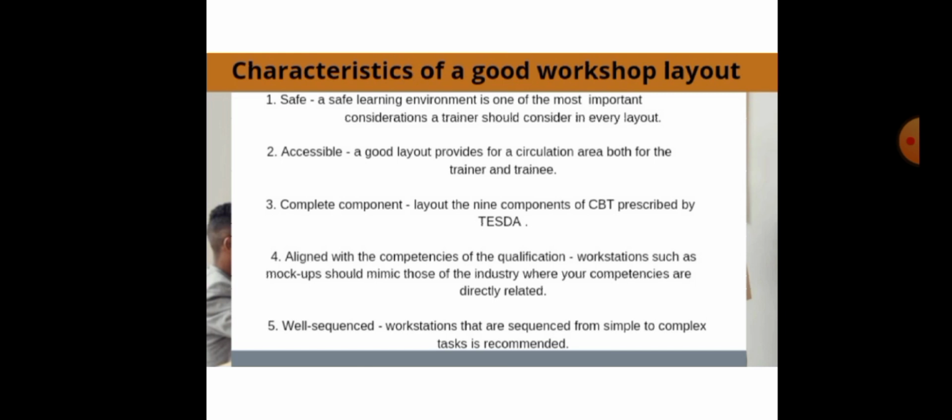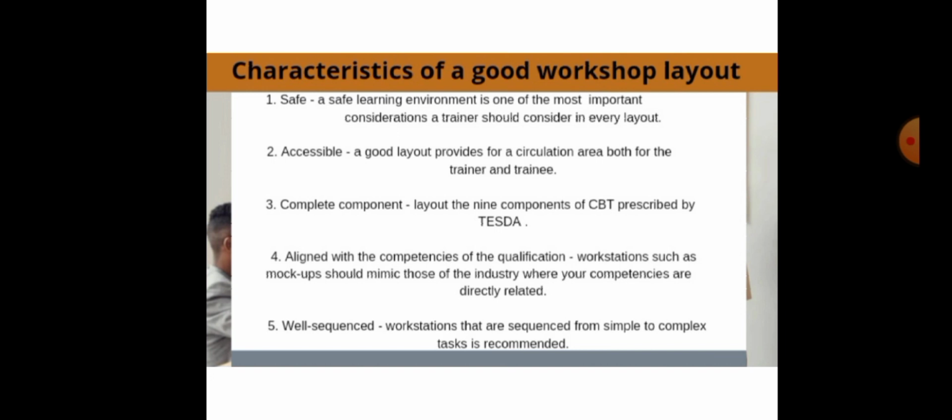So we have five. First is the safe. A safe learning environment is one of the most important considerations a trainer should consider in every layout. Remember that a CBT layout should allow trainees to work on their own.